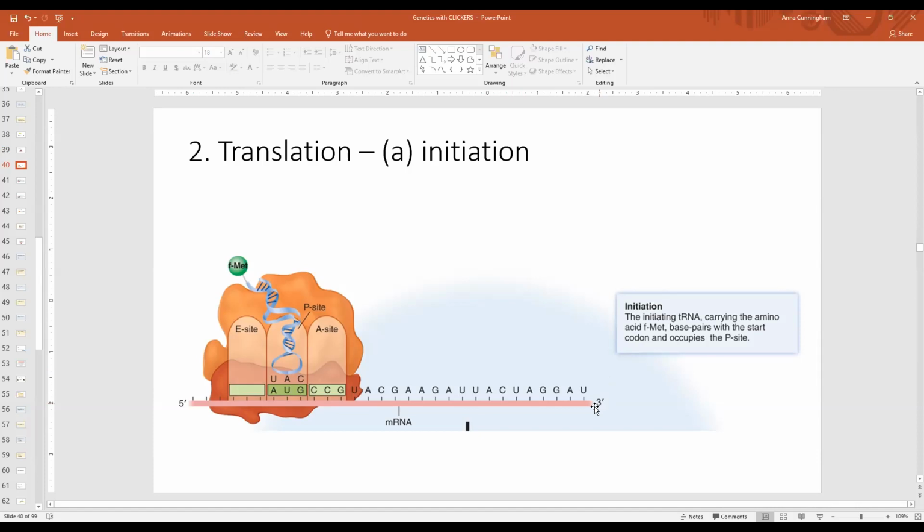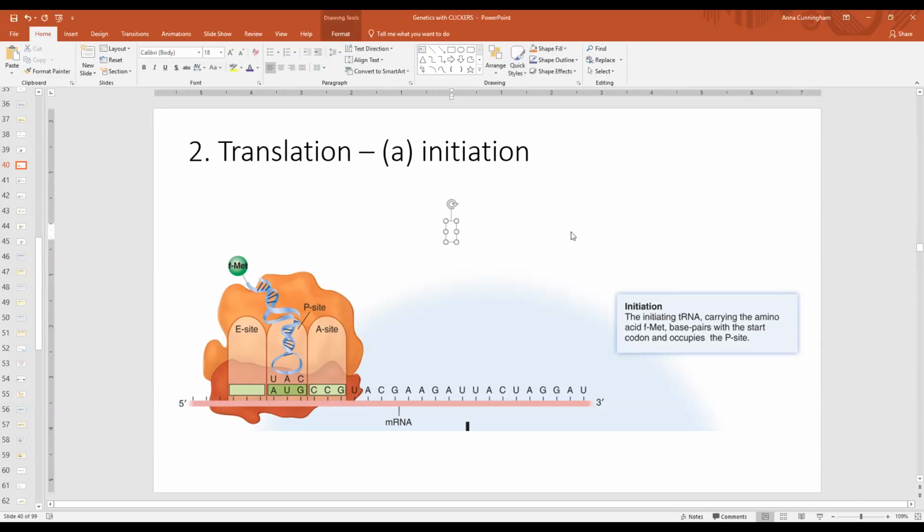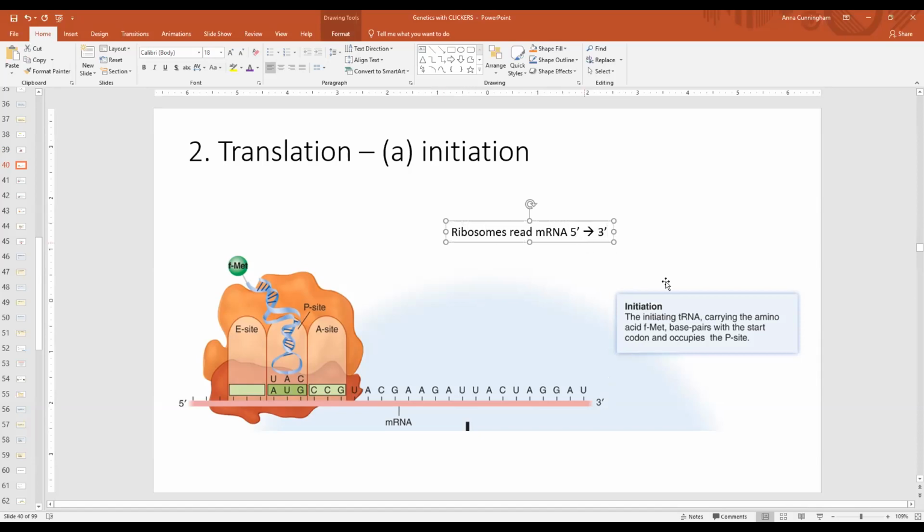Ribosomes, here's a very important thing for you to know. Ribosomes read mRNA in the 5' to 3' direction. This is really important because mRNA will always be in the 5' to 3' direction.